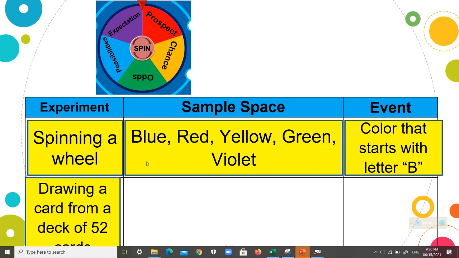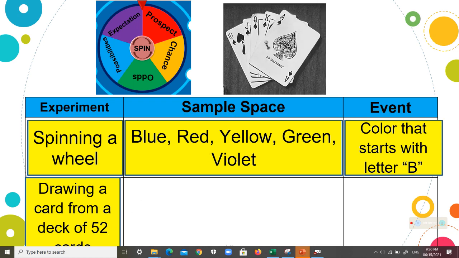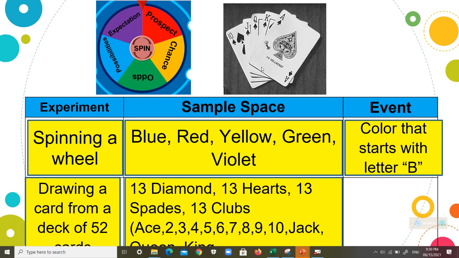Another example of experiment is drawing a card from a deck of 52 cards, baraha in Tagalog. The sample space here will be 13 diamonds, 13 hearts, 13 spades, and 13 clubs, or flowers, as some call it.